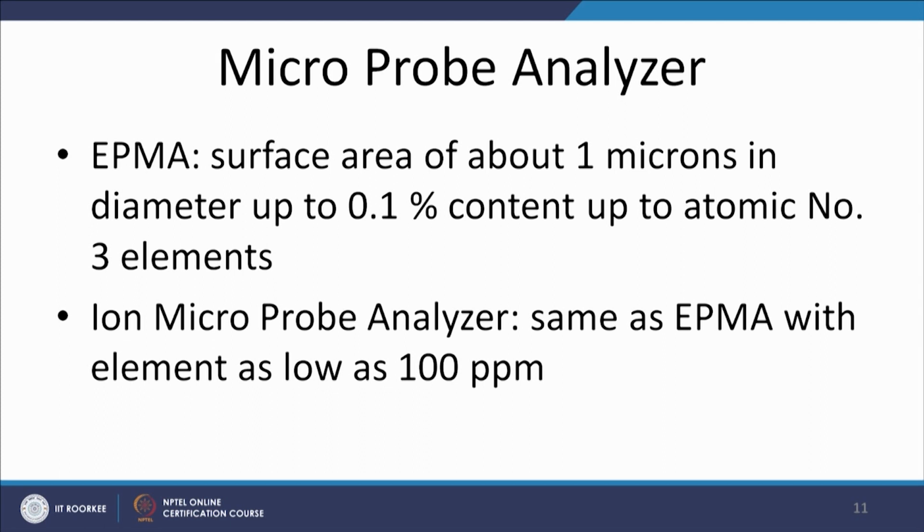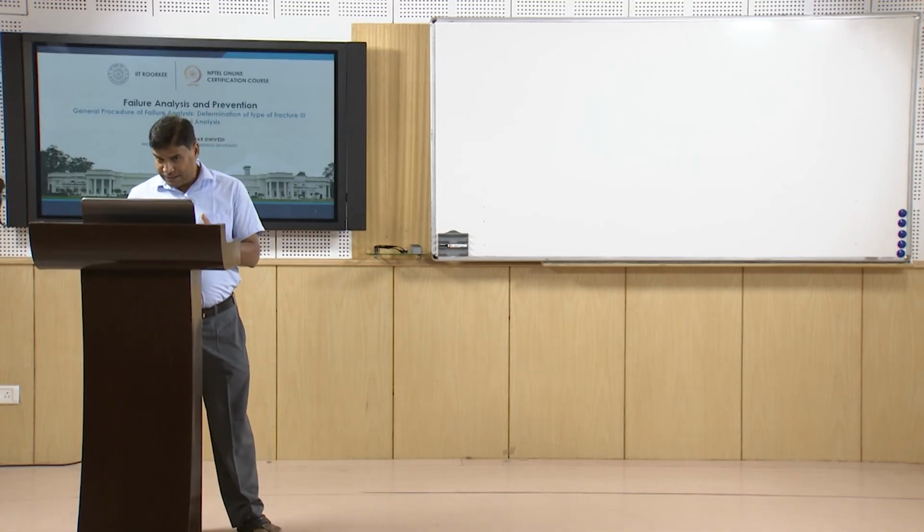So this is the threshold or resolution of such a device, where elements greater than 0.1% with atomic number greater than 3 can be analyzed using this approach, and it analyzes an area of about 1 micrometer.